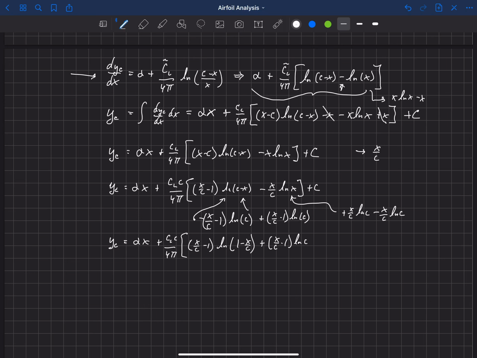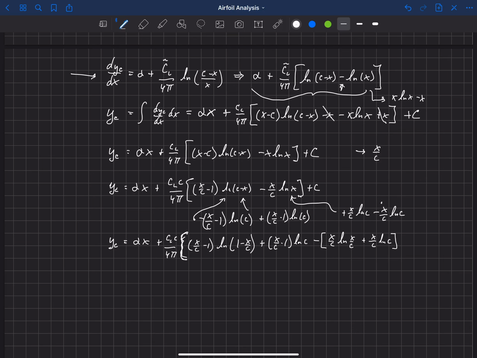And then for the second term, I'm going to pull the minus out front here. We'll make these curly brackets. So I have a minus x over c natural log of x over c, and that takes care of this term and that term, and so then we're left with a plus x over c natural log of c.